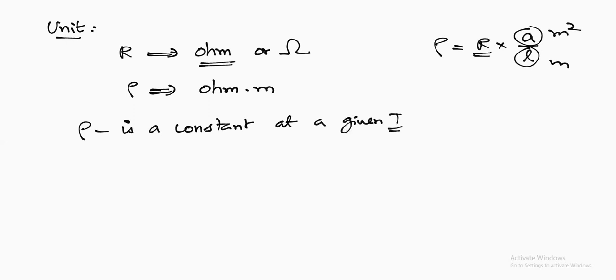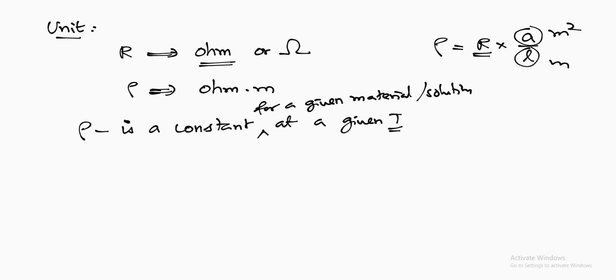It will vary with the temperature, but at a given temperature it is a constant. Rho is a constant for a given material or given solution at a given temperature. Keep this in mind, very, very important.